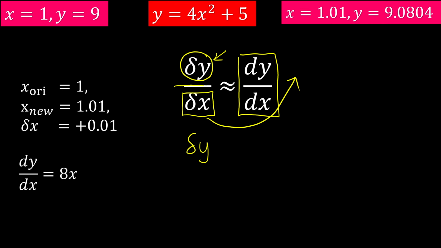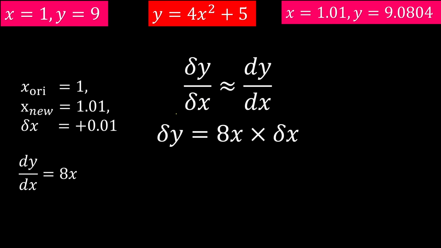The line is called divide. When divide goes to the right-hand side, it becomes times. So we can say delta y is approximately 8x times delta x. But usually in school, you use an equal sign, and the teacher understands that this is an approximation. So we can say that delta y is equal to 8x times delta x.